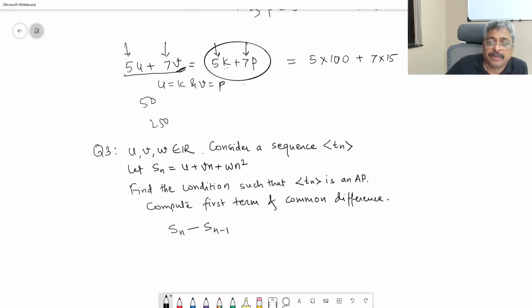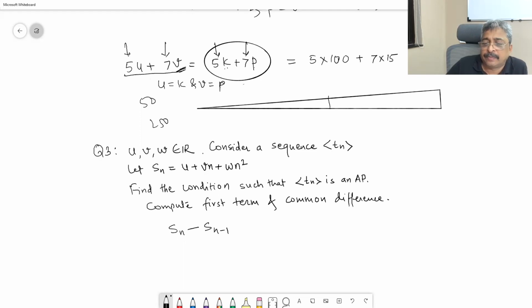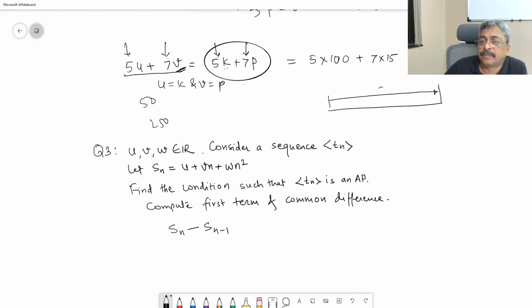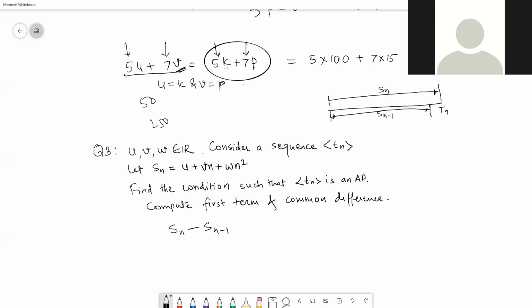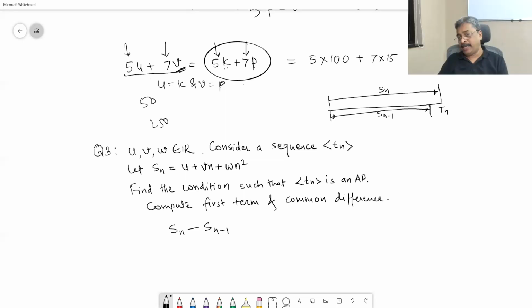Now, Sn minus 1. Sum of n terms of an arithmetic progression minus sum of n minus 1 terms in an arithmetic progression will be what? That is term number n. When you add term number n to Sn minus 1, you get Sn.